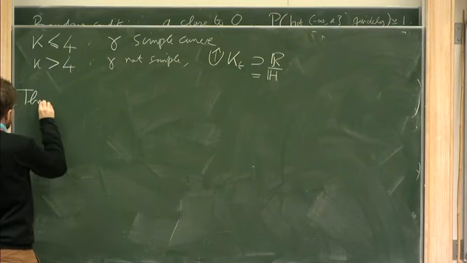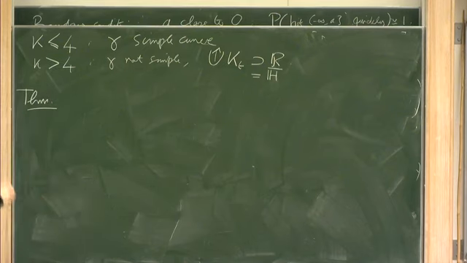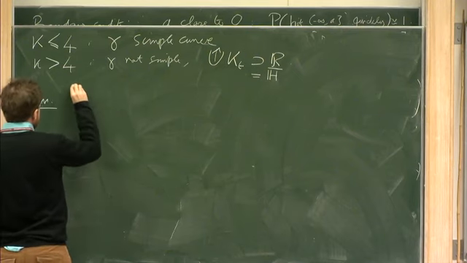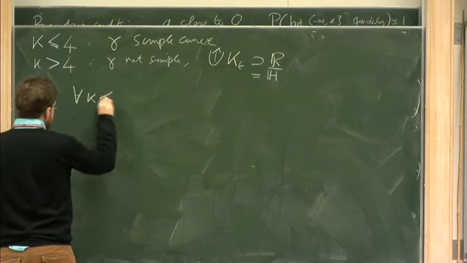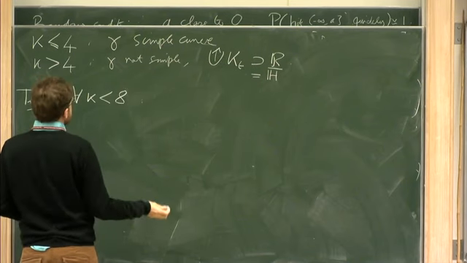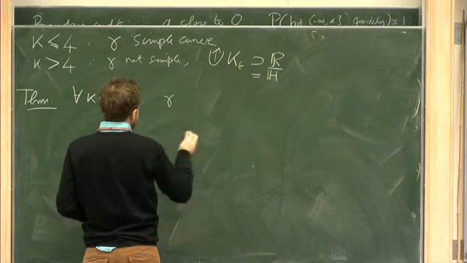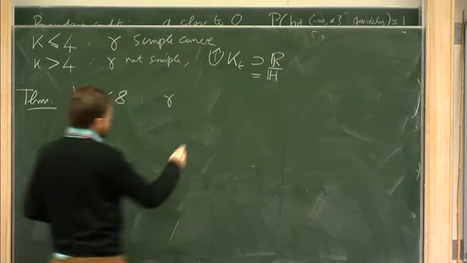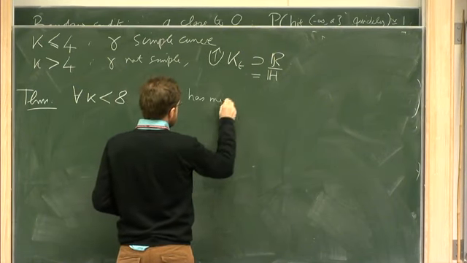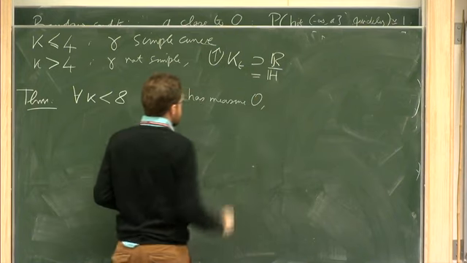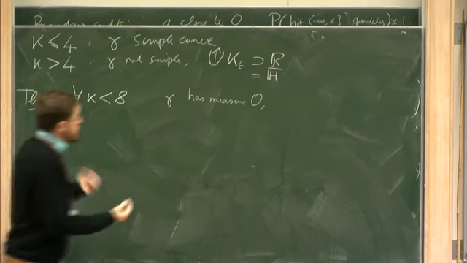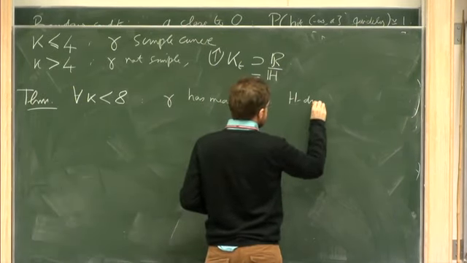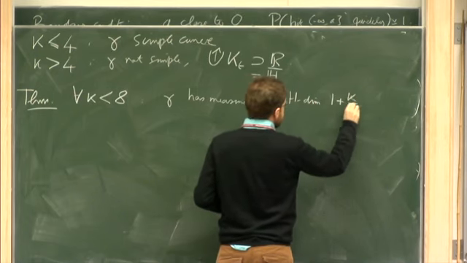So here is another theorem, which I will not prove, but I will give you some indication of how to convince yourself that it's true. It's the following. Whenever kappa is less than 8, gamma is kind of a nice curve. It has measure 0. It has Hausdorff dimension 1 plus kappa over 8.